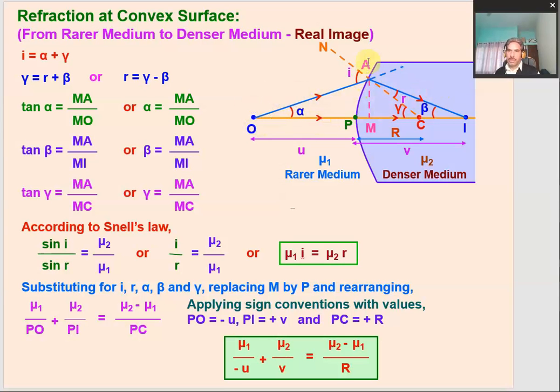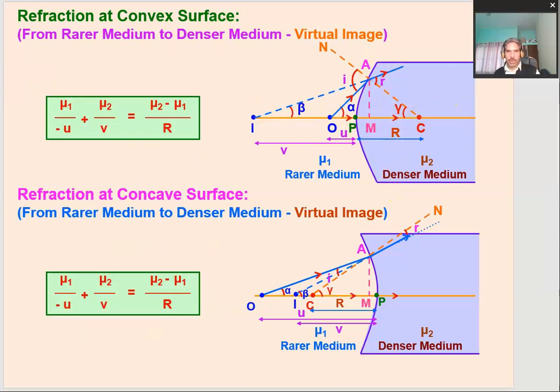Or you can take the other case, where the object is placed in the denser medium and the image is formed either in the rarer medium or in the same medium. Or you can also take the case where the spherical refracting surface is of concave type. In all the cases you will get some formula.